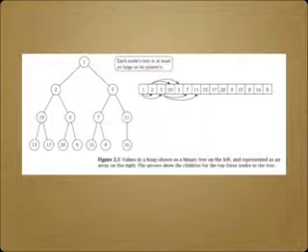So the two children of the root are at positions 2 and 3, and the parent of a node at position i is at position parent of i equals the floor function of i over 2.